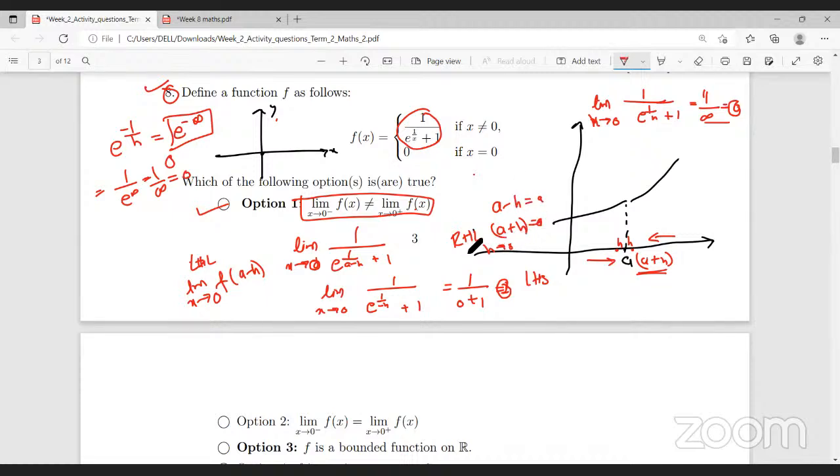So this is by definition only we are checking. Just replace x by a minus h when we are calculating the left hand side limit, and when we are calculating the right hand side limit, replace x by a plus h.